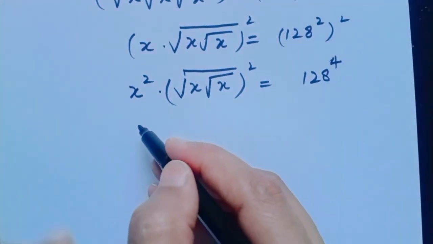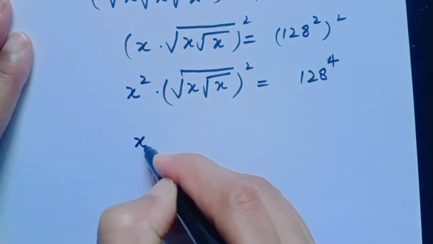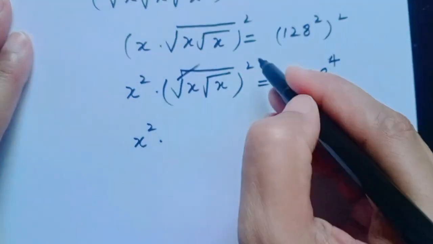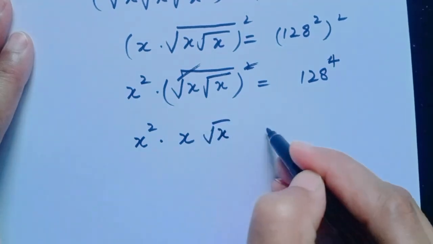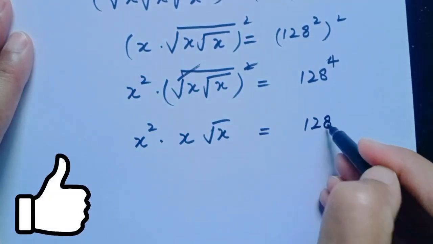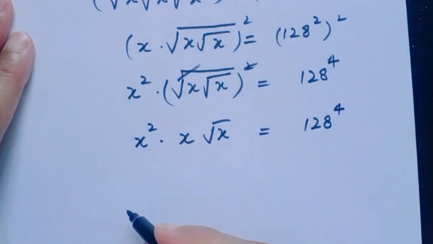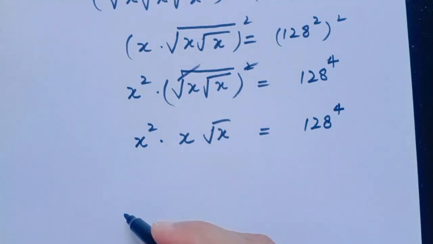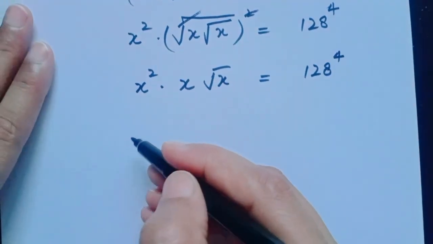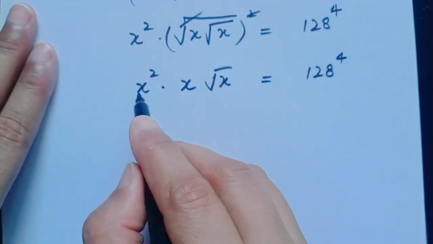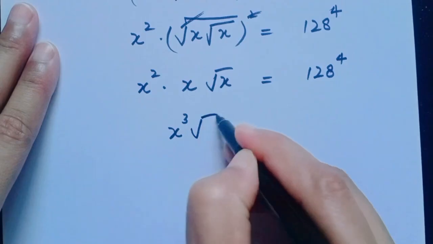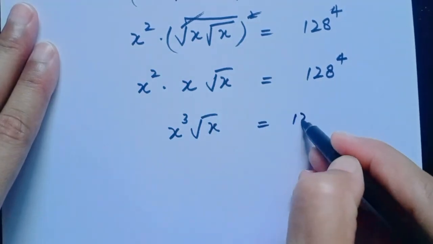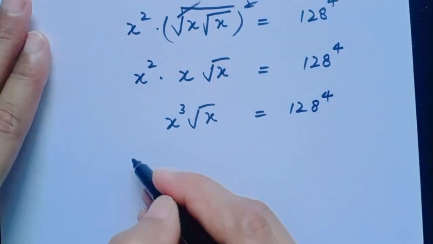Here we have x squared times, this square root goes with this square, and we are left with x times square root x is equal to 128 power 4. In the next step, because here the bases are the same, we can add their powers. We can write x power 3 times square root x is equal to 128 power 4.